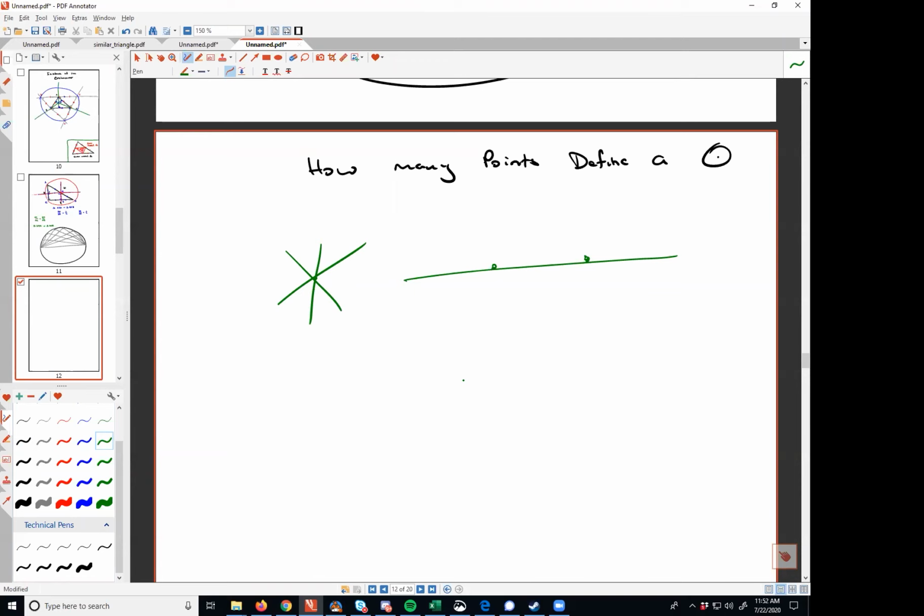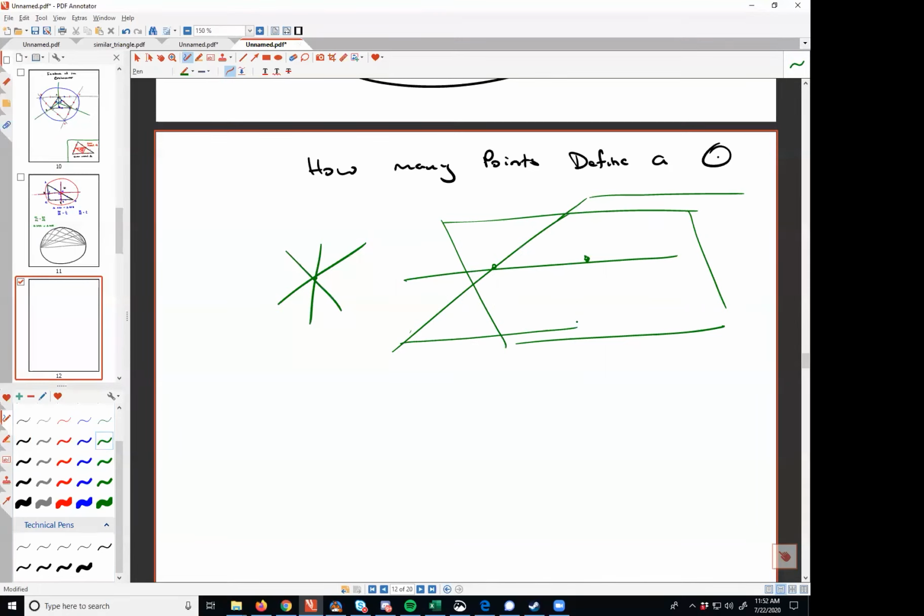Now in space, there would be infinitely many planes that pass through those 2 points. But a third point, somewhere off that line, there would only be 1 plane that would pass through all 3 of those points.